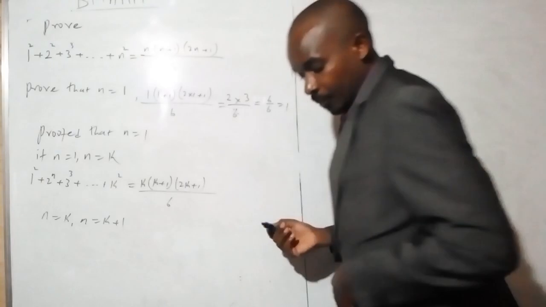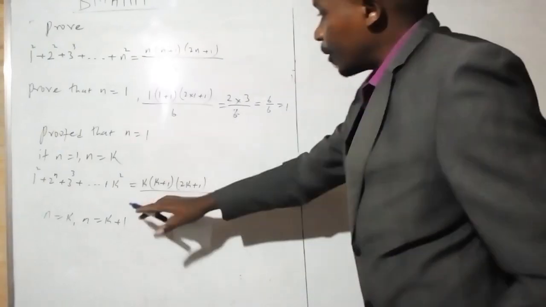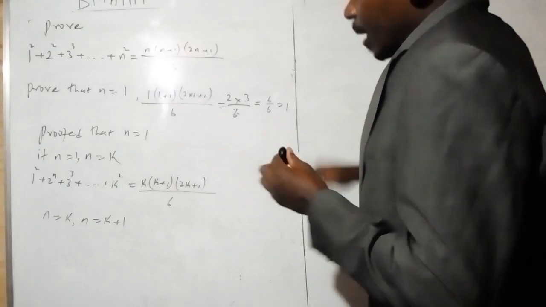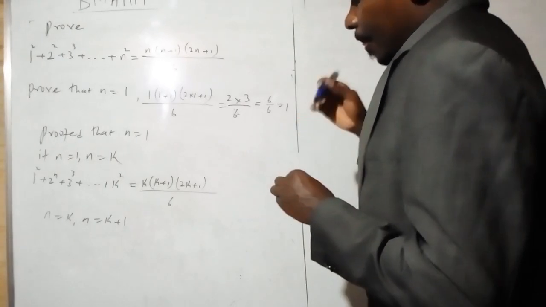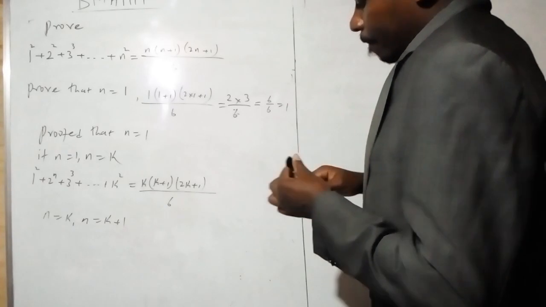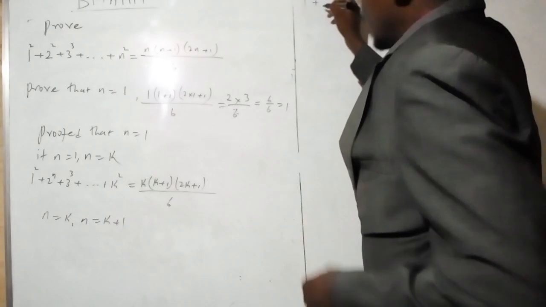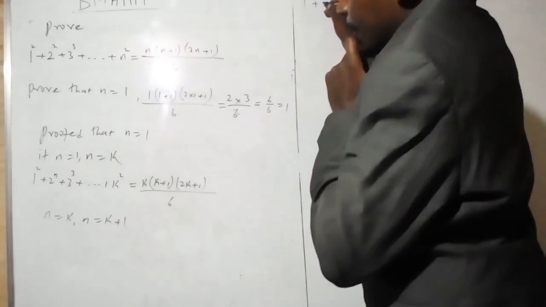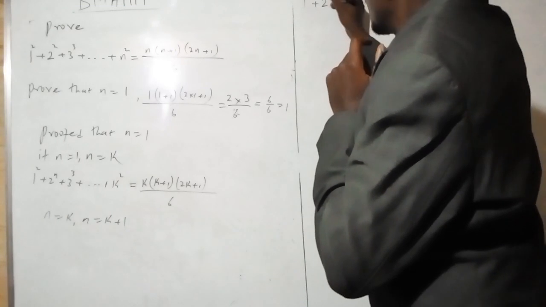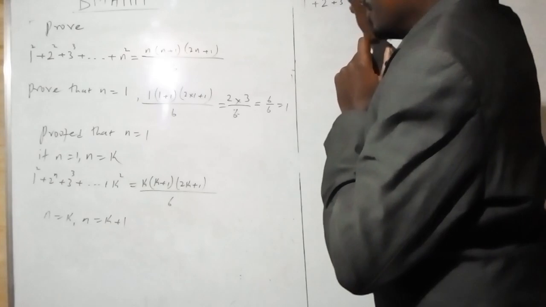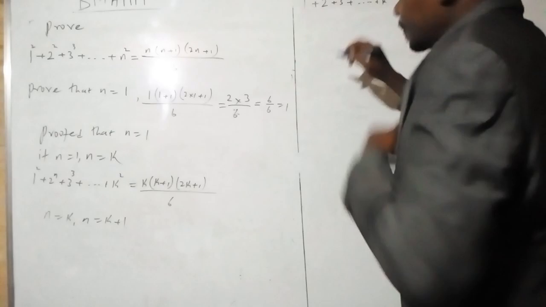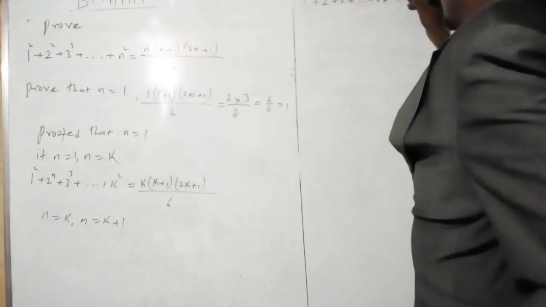In this equation now, we are going to say 1 squared plus 2 squared plus 3 squared plus dash dash, then plus k squared. Then on this side you are going to add k plus 1 squared.